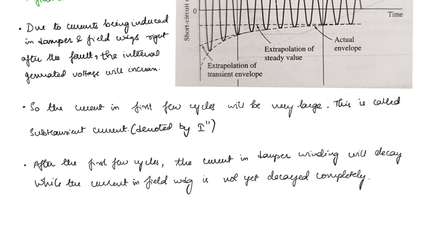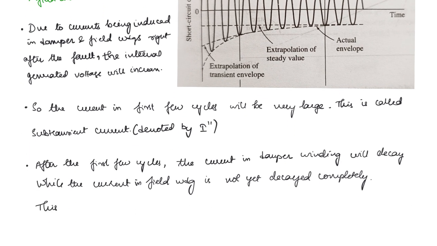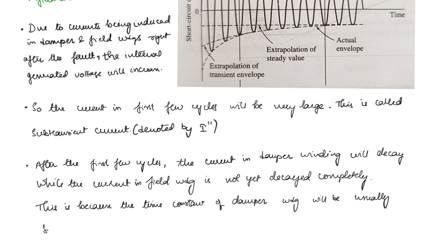Okay, so why is that? This is because the time constant of damper winding will be usually smaller.